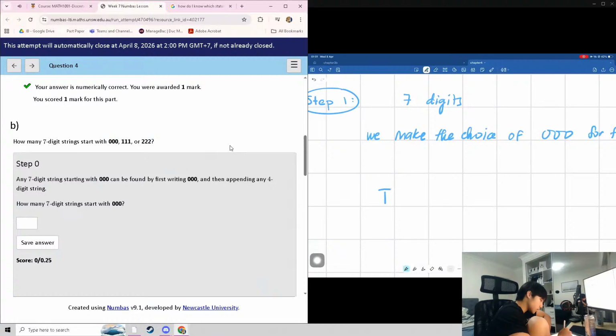Okay, total is this. So we can pick 10 elements 7 times.